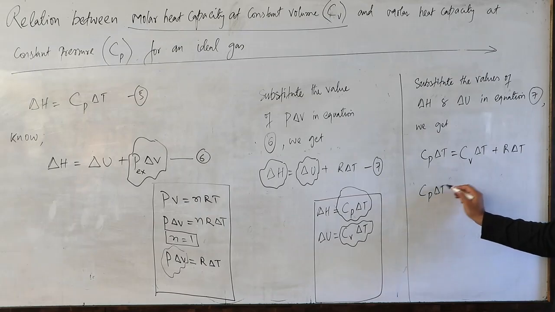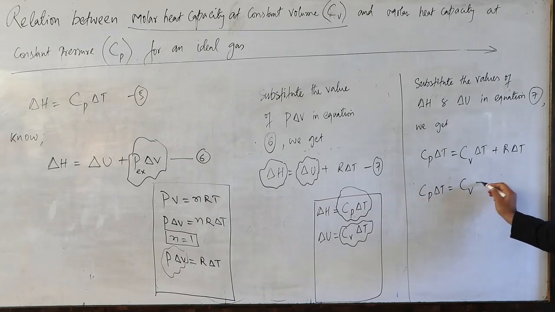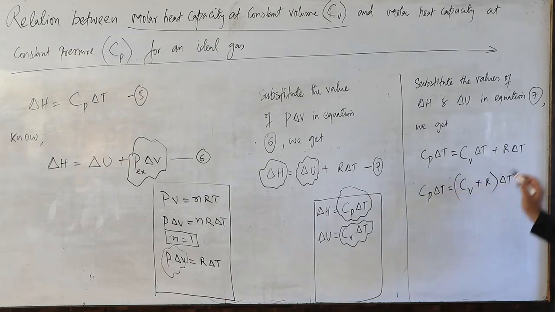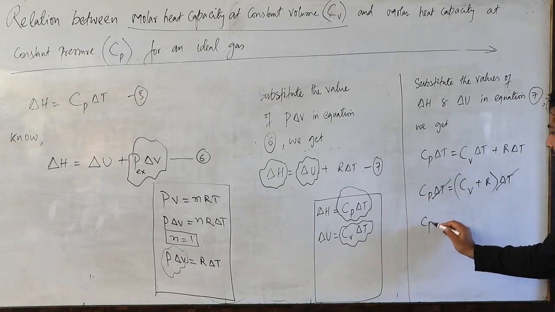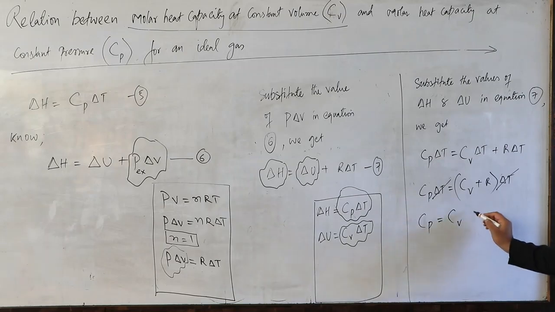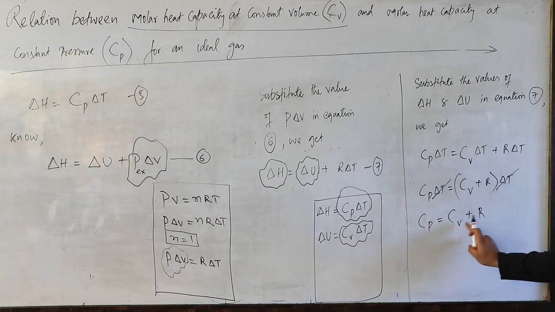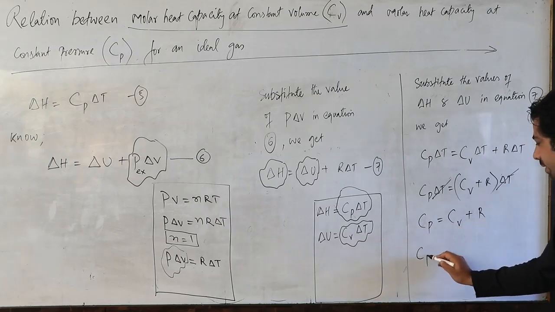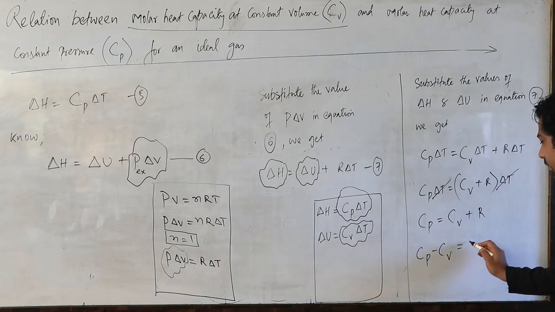Cp delta T is equal to Cv plus R, taking delta T as common, so delta T cancels on both sides, and finally you will have Cp is equal to Cv plus R, and finally Cp minus Cv is equal to R.